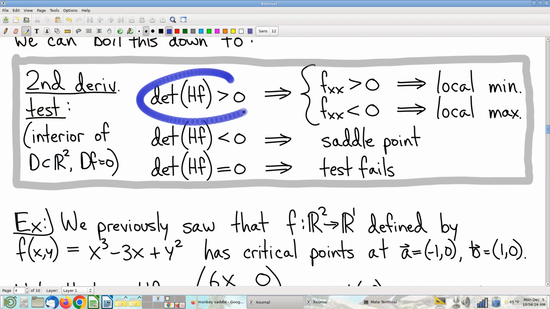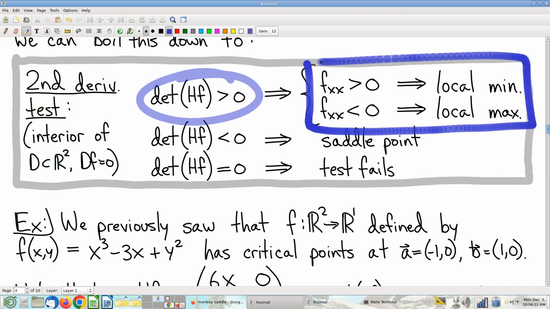If your Hessian determinant is positive, then you get a familiar result. You just look at the second derivative. In fact, it doesn't even matter which unmixed second derivative you look at. I like to look at fxx, but you can use fyy if you want. It cannot be a mixed one; it's got to be one of the diagonal second derivatives.